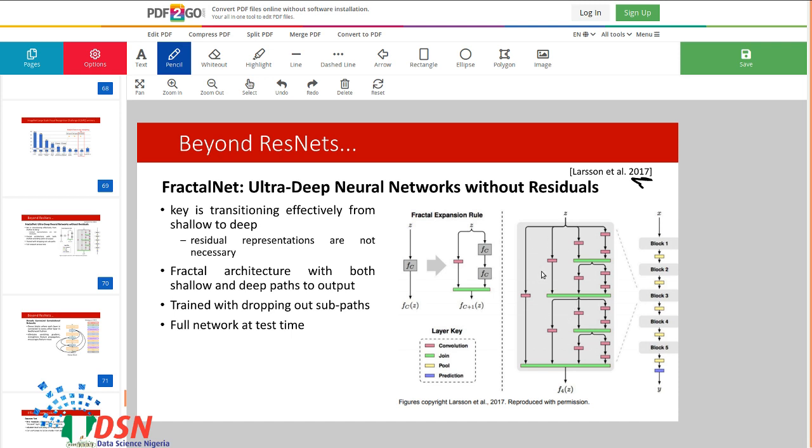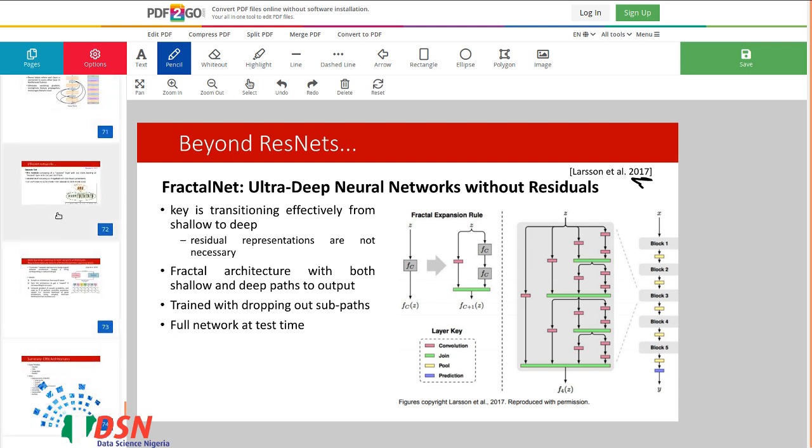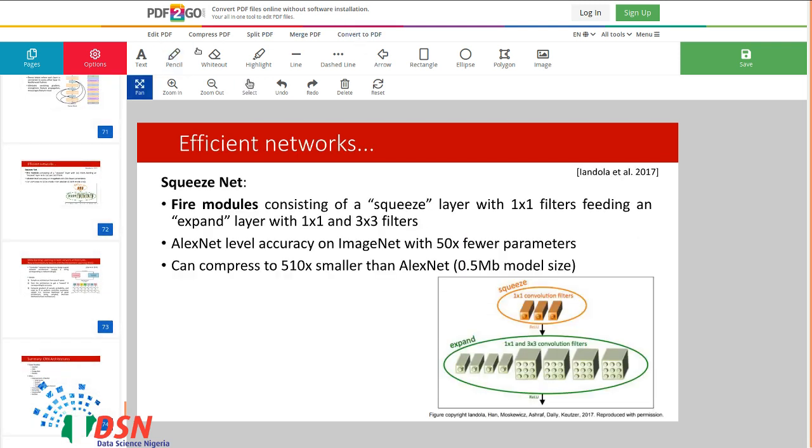Now all of these are some kind of tricks for better gradient flow. Also there are networks called SqueezeNet that have very few parameters, in fact, to reduce the computational complexity and size of the network.